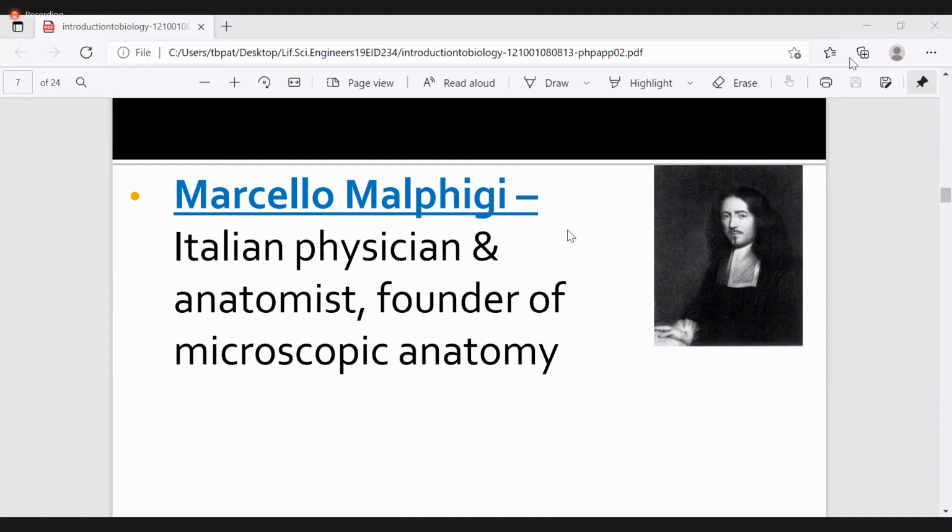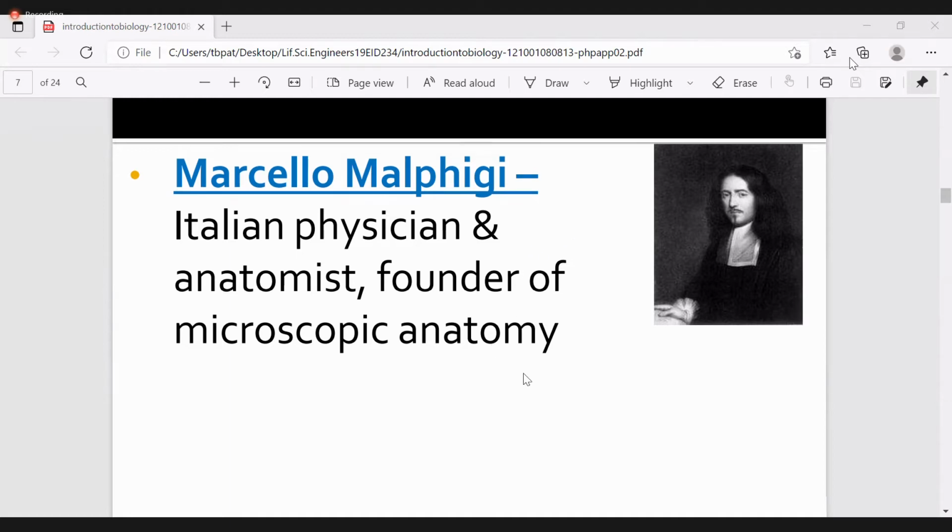All of these can only be identified under a microscope, because otherwise they are not visible and it just seems to be flesh. So Marcello Malpighi identified these things through microscopic anatomy.